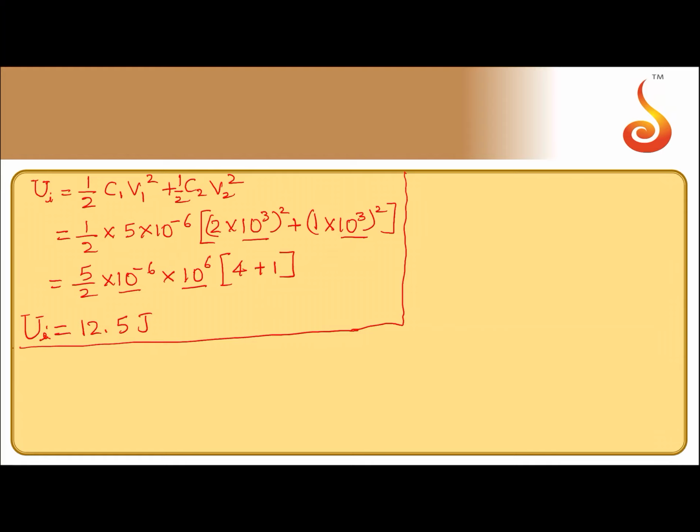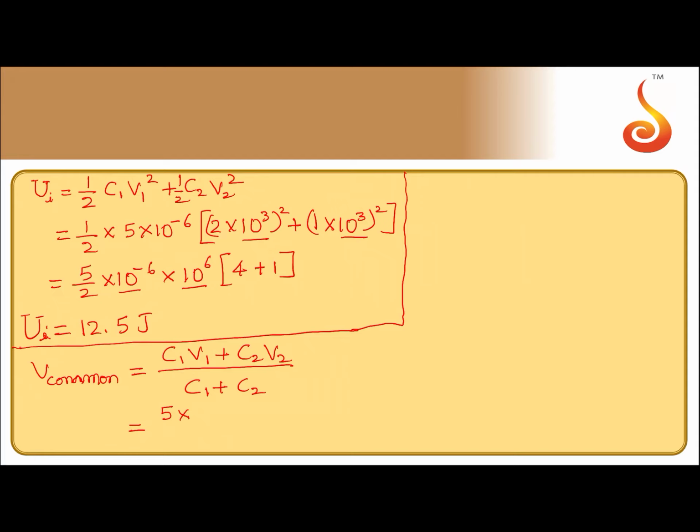Now, once they are connected, they arrive at a common potential. Find the common potential. V common is equal to C1 V1 plus C2 V2 divided by C1 plus C2. So, C1 is 5 microfarad, the denominator also has micro, I will leave that.